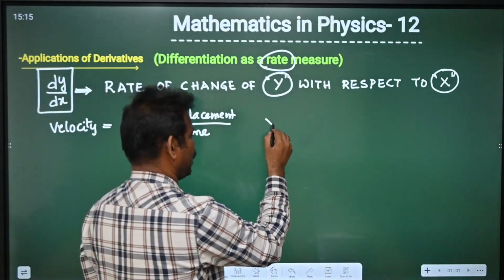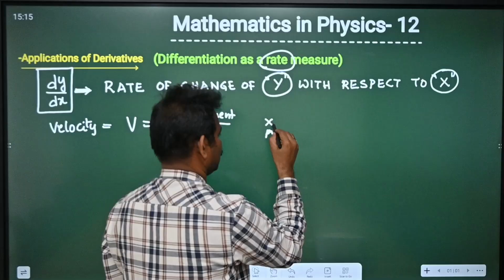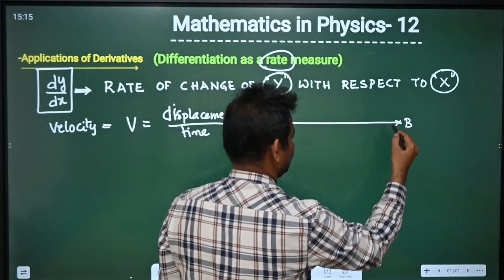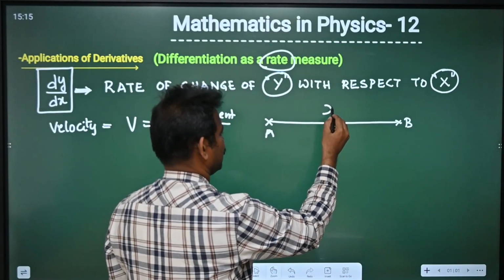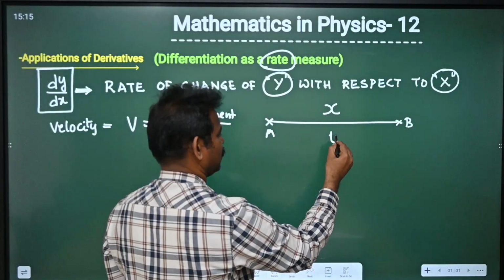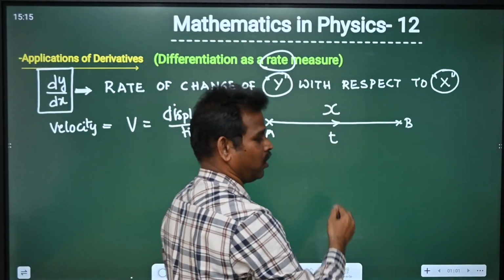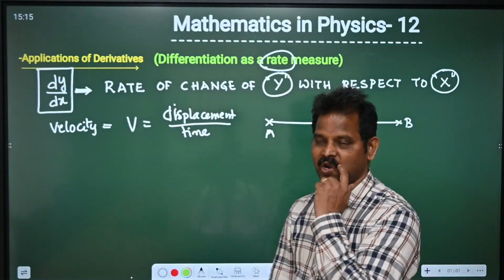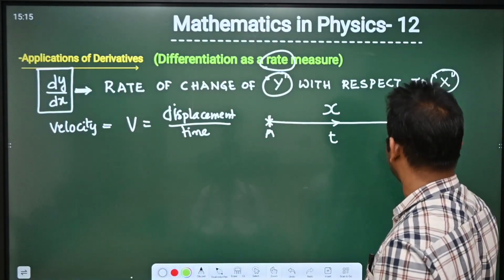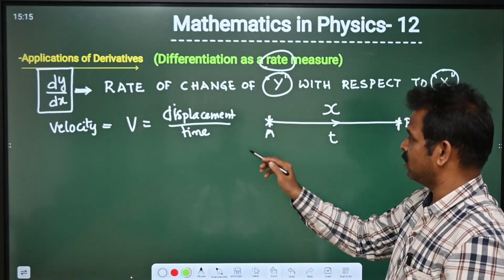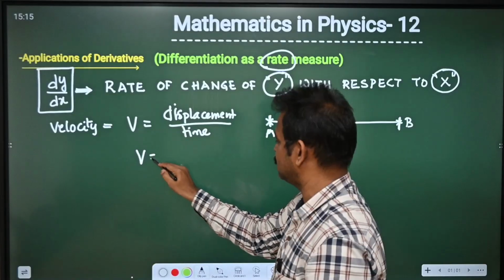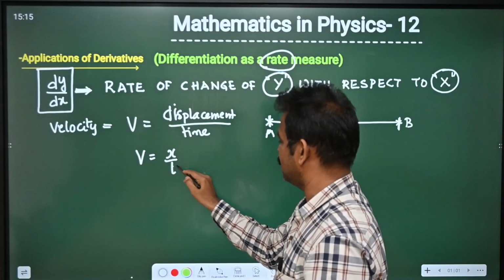Suppose a body travels from point A to point B, the total displacement is, let us say, x, and the total time taken is t, and the body has moved along a straight line. So what is the velocity between A and B? We can write velocity as x by t.